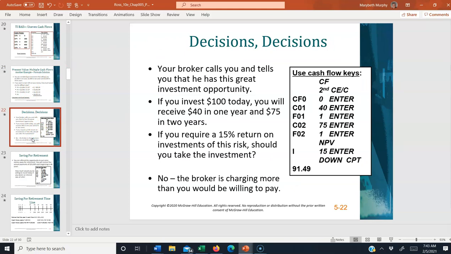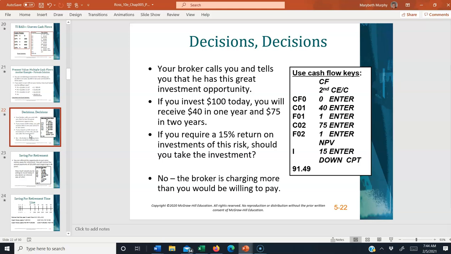Okay, your broker calls and tells you that he has this great investment opportunity. You invest $100 today, and you will receive $40 in 1 year and $75 in 2 years. You require a 15% return on investments of this risk.